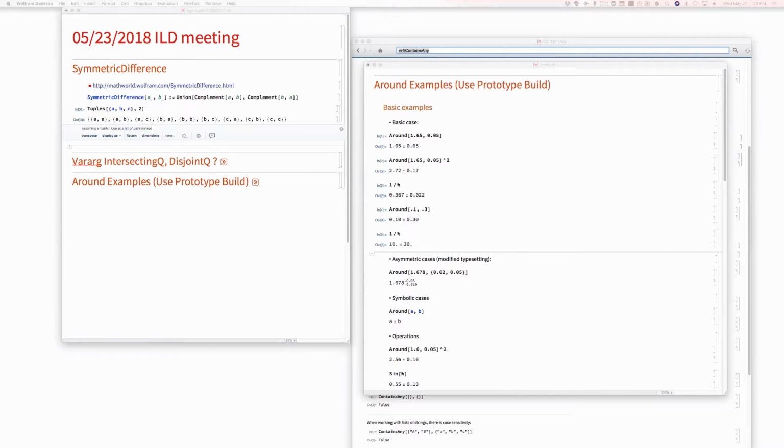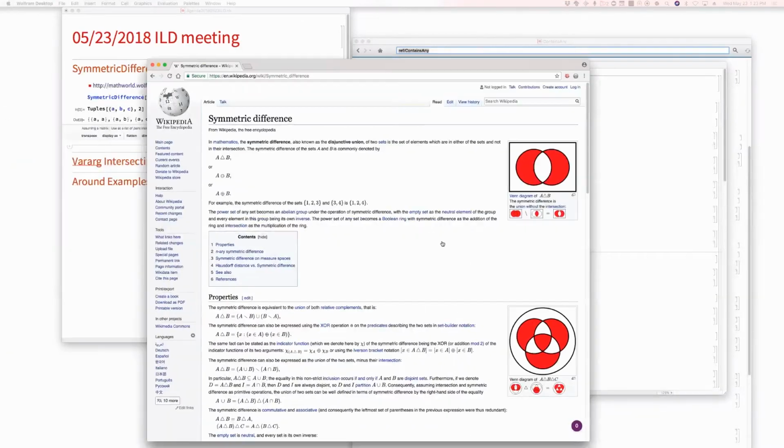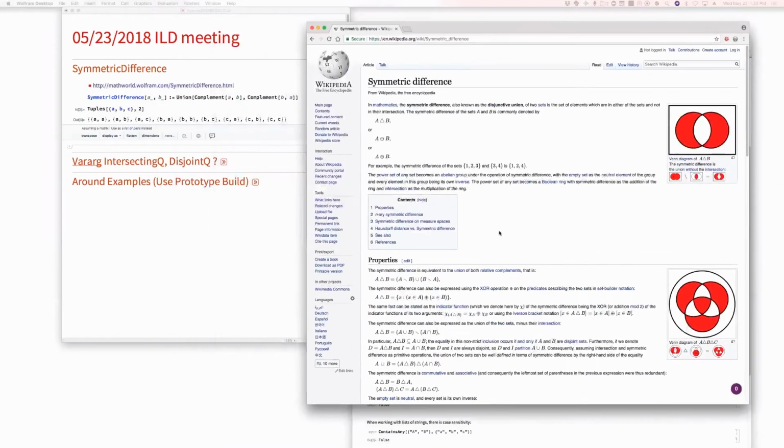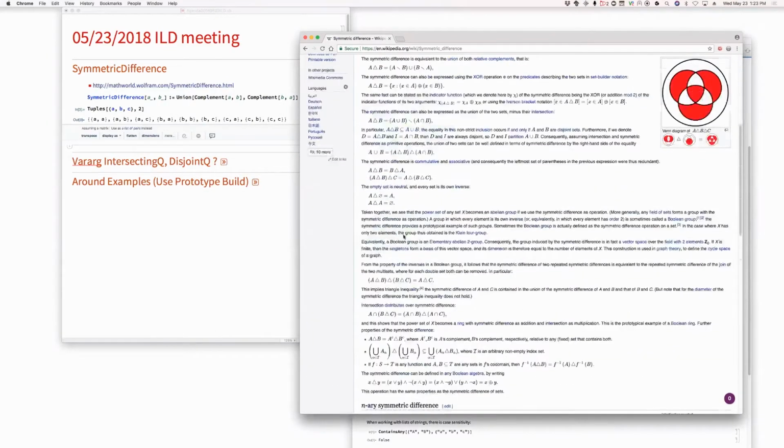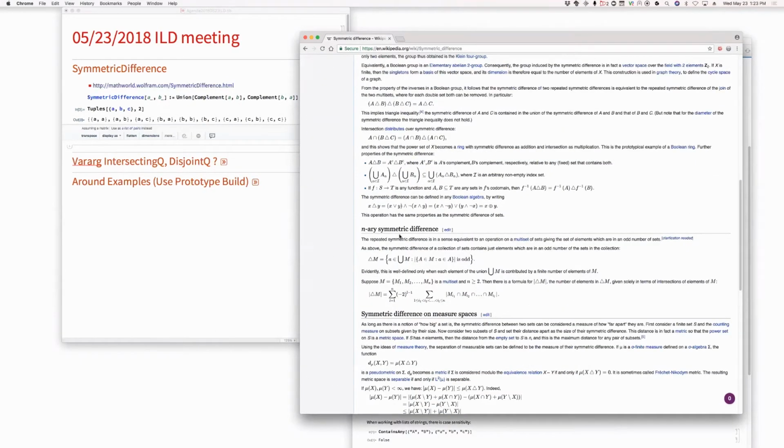N-ary symmetric difference: an operation on a multiset, giving the set of elements which are in an odd number of sets. That's a little weird. I was thinking it might be something like that. That's very much like what exclusive OR will do. I don't know if ours will do it, but in general. No, our exclusive OR absolutely does that. Okay, good. That's the right thing.